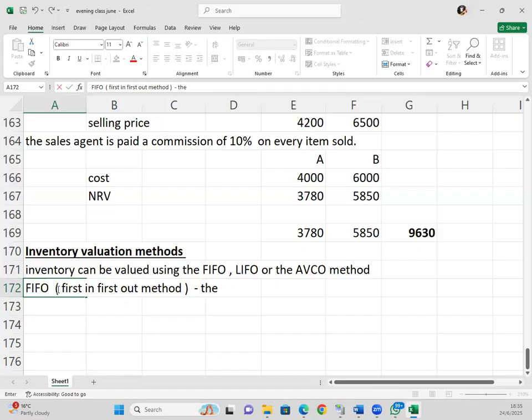The goods which you bought first are also the first to be sold.